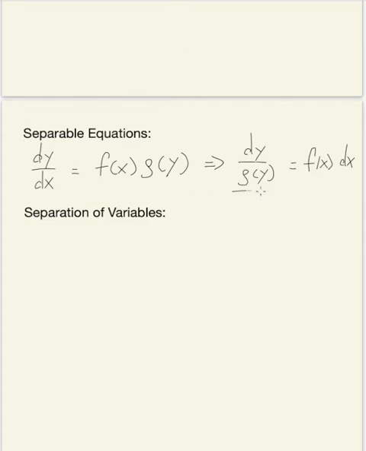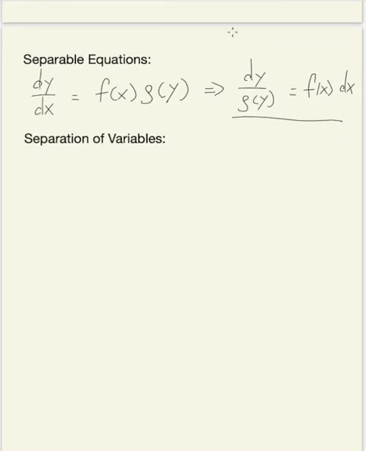Okay. Now, of course, this is not an entirely rigorous formulation. Just because dy dx is the derivative of y with respect to x, it's not dy divided by dx. But you get the idea. This is why we call it separable equations. Okay, to solve the separable equations, we use a method called the separation of variables. It's exactly what I have outlined here, but we need to make it a little bit more rigorous, just because dy dx is not dy divided by dx.